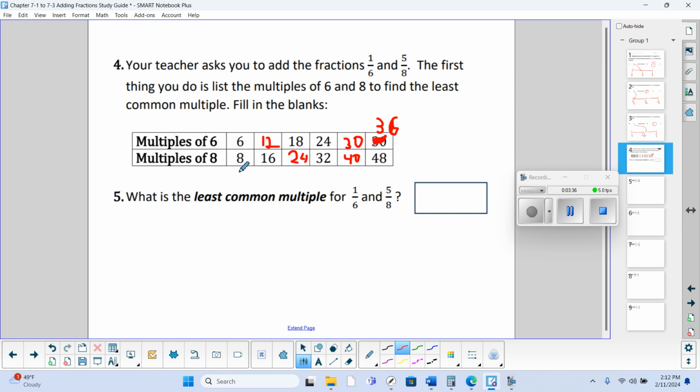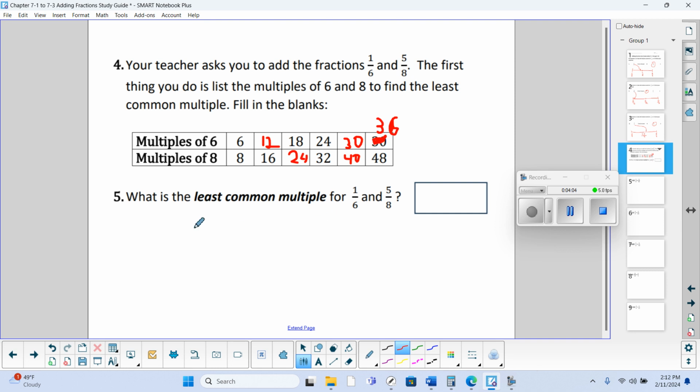If I count by 8, 8 plus 8 is 16, plus 8 is 24, plus 8 is 32, plus 8 is 40, plus 8 is 48. So to list multiples, you could just count by that number and keep adding that number as needed. Sorry for any mistakes I made there.